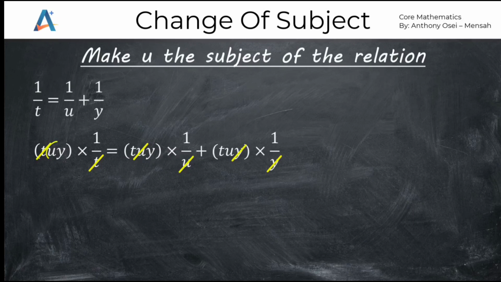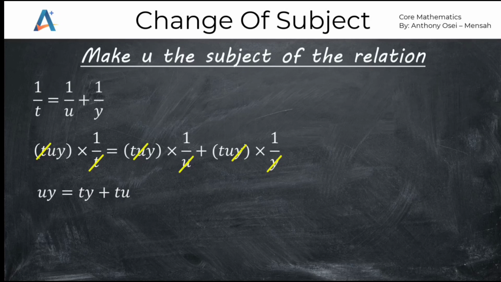It will be left with uy times 1, which is uy, equal sign, and ty times 1 will give us ty, addition sign, plus, and we have tu times 1 will give us tu. So this will be our expression at this stage of the question. Then we continue from there.